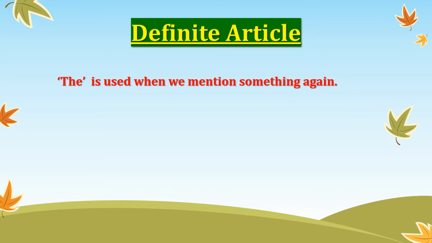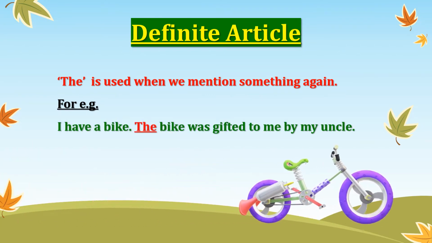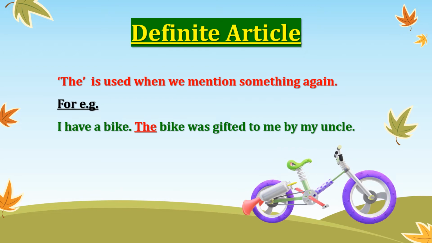We use the when we mention something again. That means once we've already talked about something and again we are talking about that same thing. So second time we are going to use the, because second time it has become specific, particular. Let us take an example here. I have a bike.